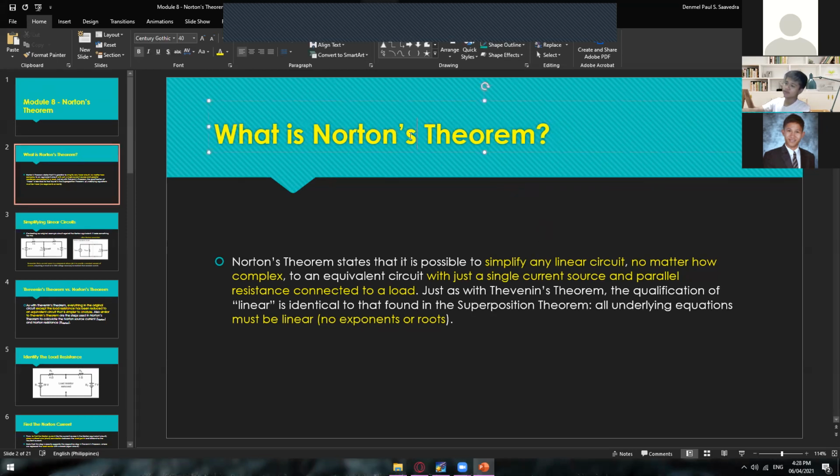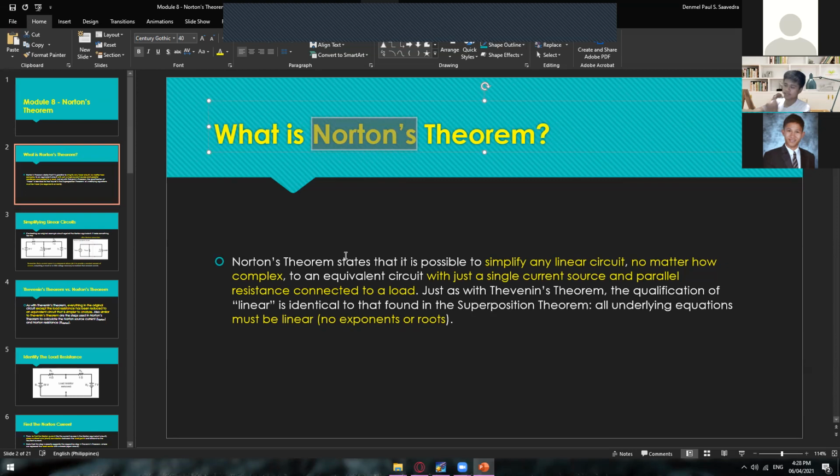So basically Norton's Theorem and Thevenin's Theorem are like twins, okay, or sisters. Twins na lang. Okay, kasi talagang sobrang close sila. Okay, you can say that they are twins, that there's only one thing that they differ in when it comes to comparing them.